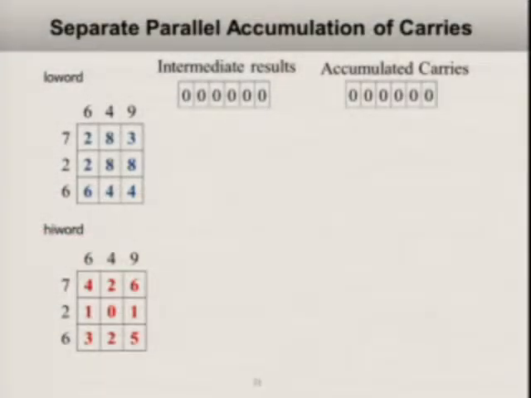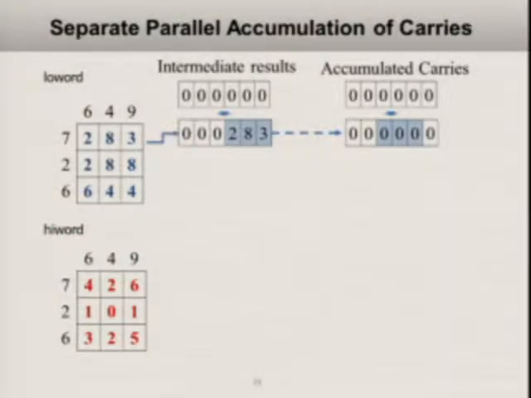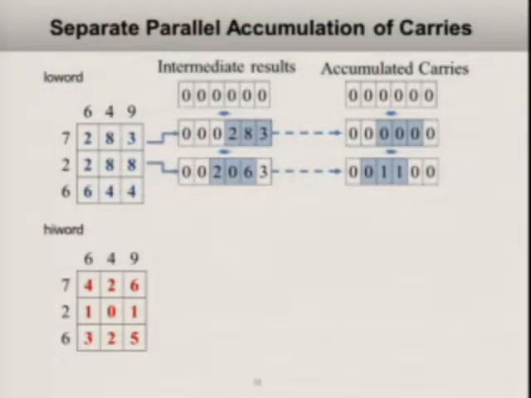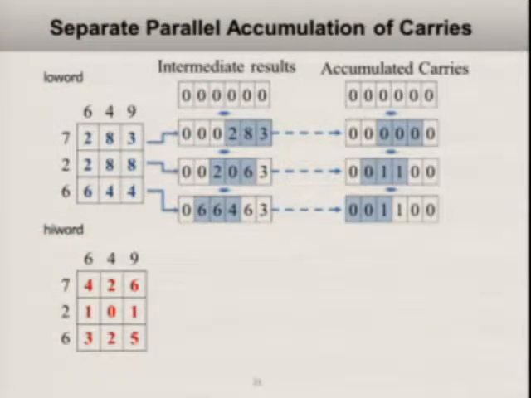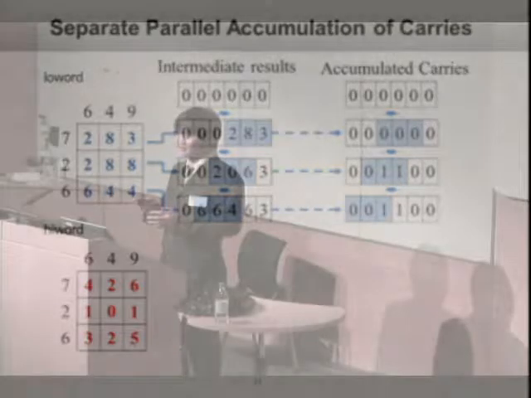First, we have separate storage for intermediate results and carries, and we start by accumulating Loword results into the intermediate results. If you add, there will be carries, and if there's any carry, we store it in a separate carry storage. It takes 3 steps to process 9 Lowords in parallel when we have 3 processors.